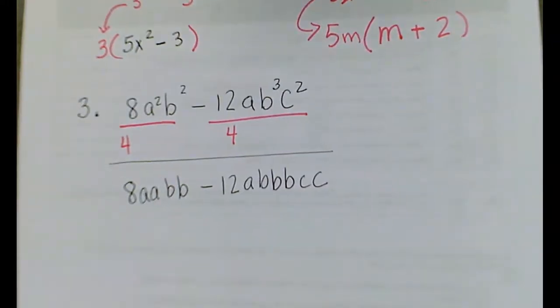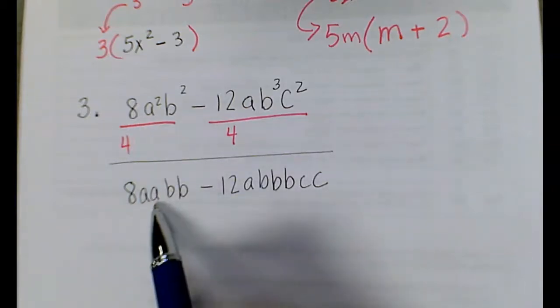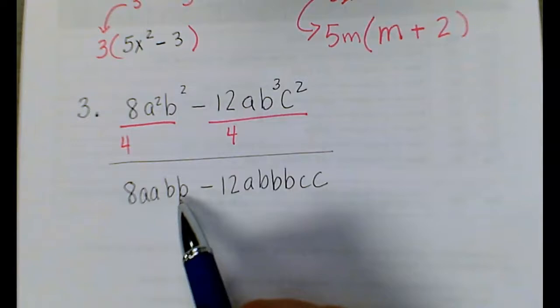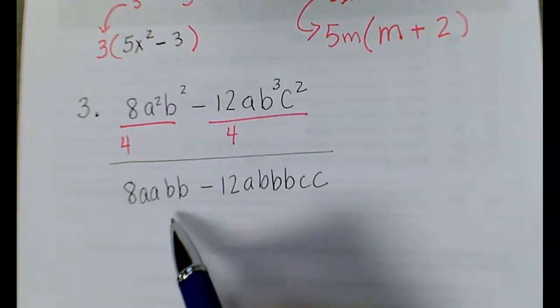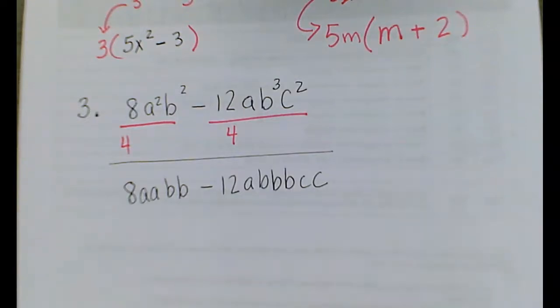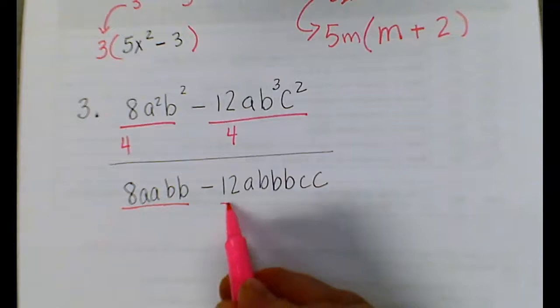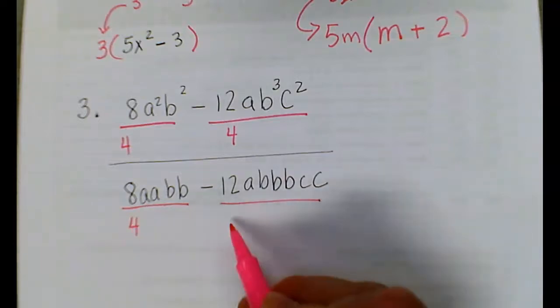Is it obvious why that would be called expand the exponents? So instead of writing a squared, I wrote a times a because that's what a squared means. Instead of b squared, I wrote b times b because that's what b squared means. So I expanded it all out. And now I'm going to be able to find my GCF.